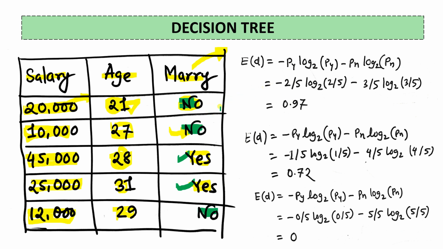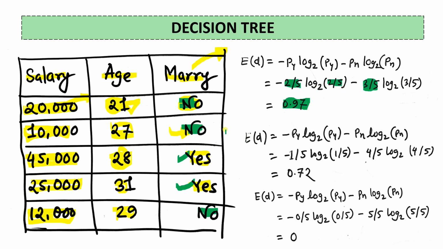Total number of data divided by how many no it has or how many yes it has. So you have two yes, so 2 by 5. How many no do we have? We have 3 no, and in the total data set we have 5. Okay, so here we got entropy as 0.97.